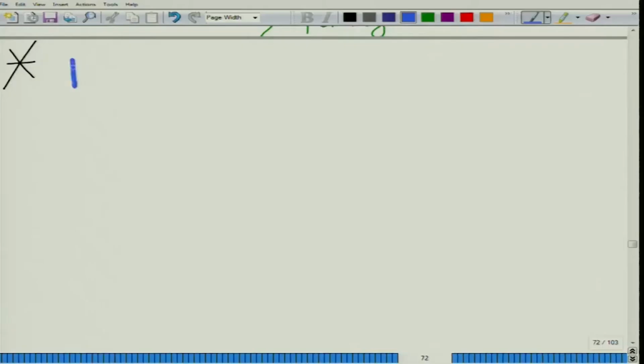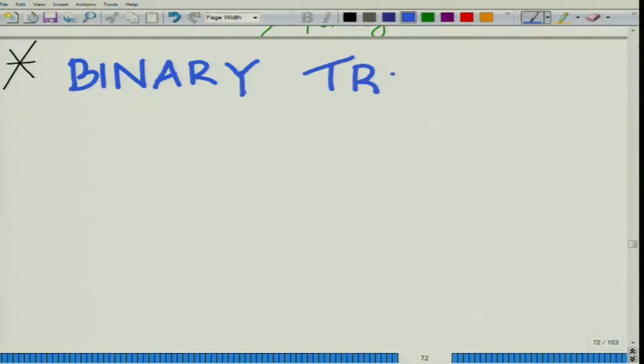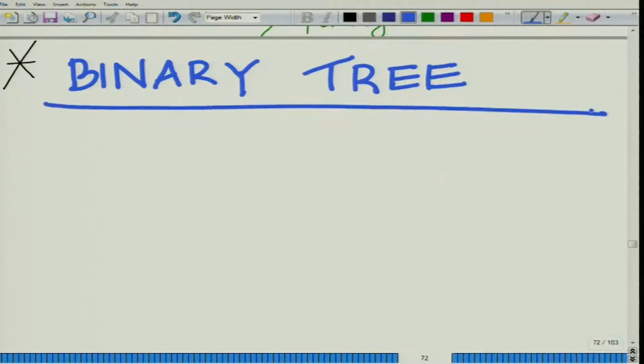So in this module we would like to start looking at a binary tree representation of a code.